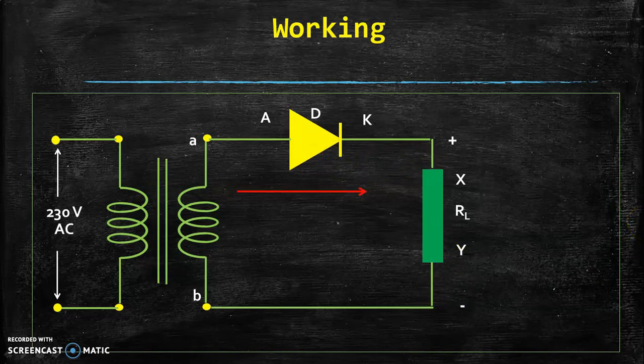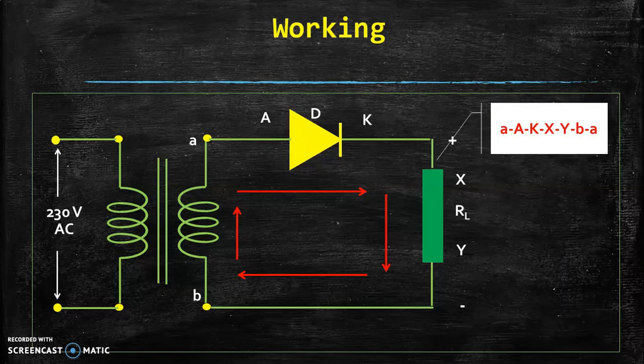Let us see. Point A is more positive, diode is forward biased. So from point A to anode and cathode, current passes, then through the load from point X to point Y, and then returns to point B, and again from B to A, and the current completes its circuit.